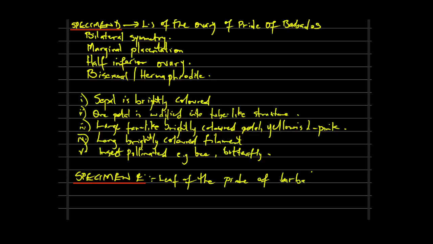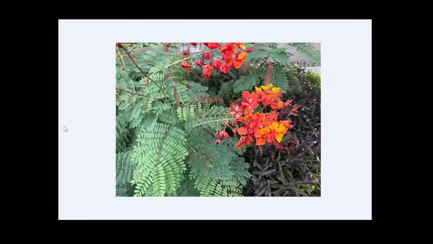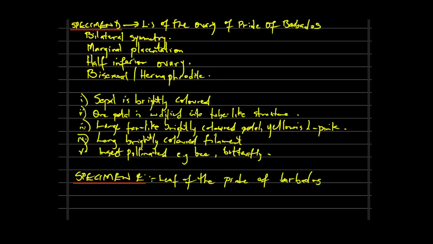So we will not be dwelling much on that because we already showed the picture. This is the leaf here, so that is what the leaf looks like. You can see it has tiny leaves in between them. So that is that about that.